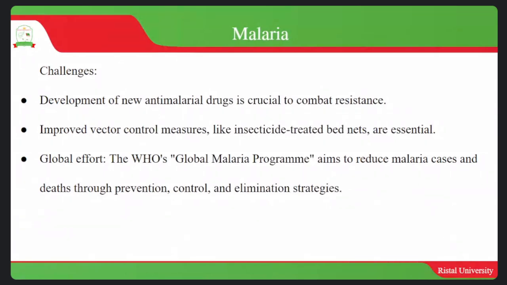So the development of new antimalarial drugs is very important in combating resistance to malaria. And improved vector control measures like insecticide nets are also very important. And then there is also a global effort under WHO, the famous Global Malaria Program, that aims to reduce malaria cases and deaths through prevention, control, and elimination strategies.